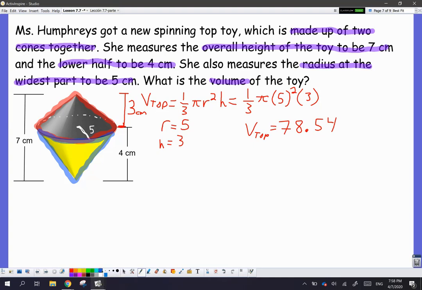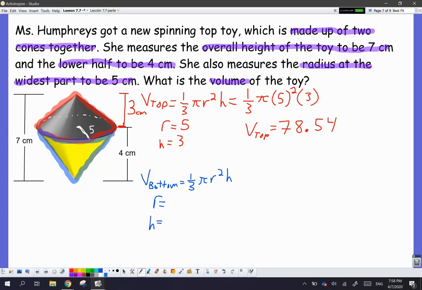Now let's find the volume of the bottom cone. Because it's still a cone, I can use the same formula that I used for the top, because that was also a cone. So I have 1 over 3 times pi times radius squared times height. And again, I need to find the radius and the height of the bottom cone.